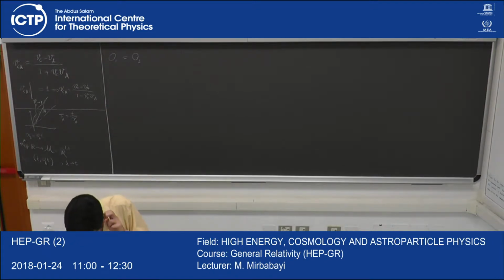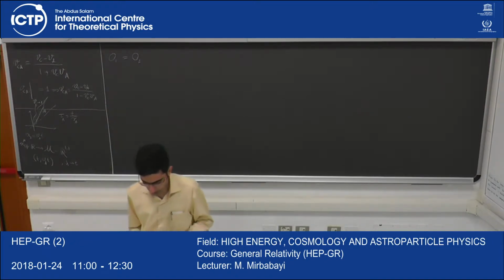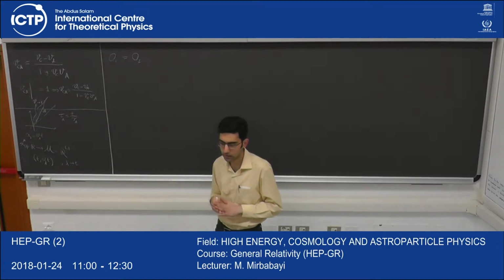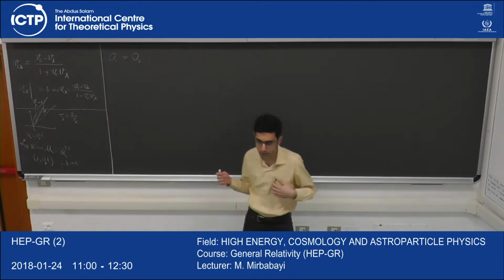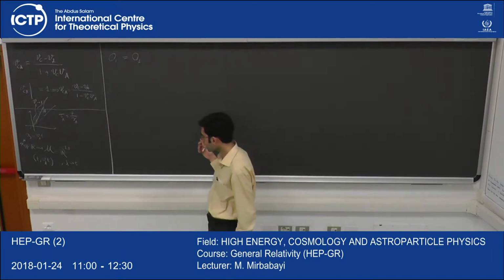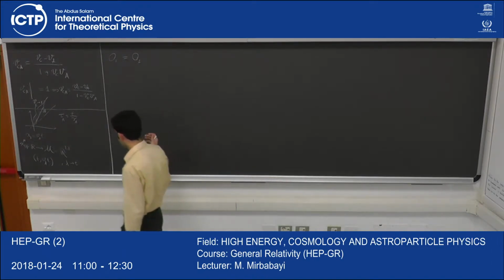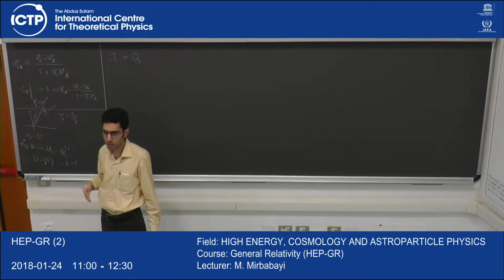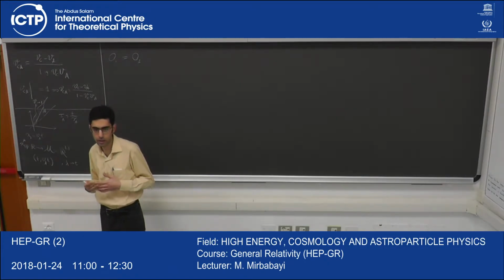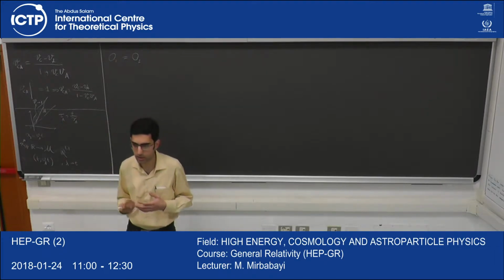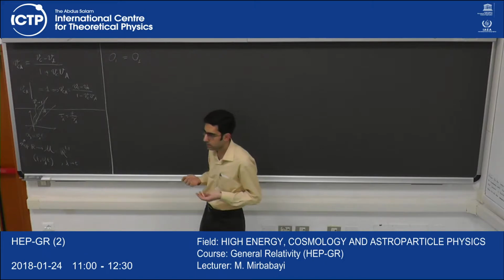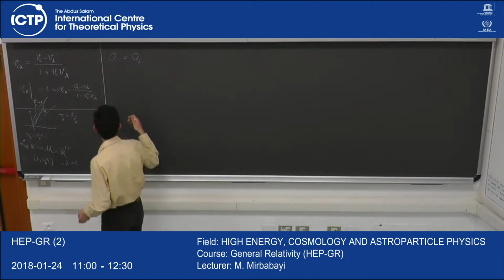Basically, that's how we write the generalization, the relativistic versions of the laws of physics. So today we are going to consider dynamics and see how Newtonian dynamics generalizes into relativistic dynamics.